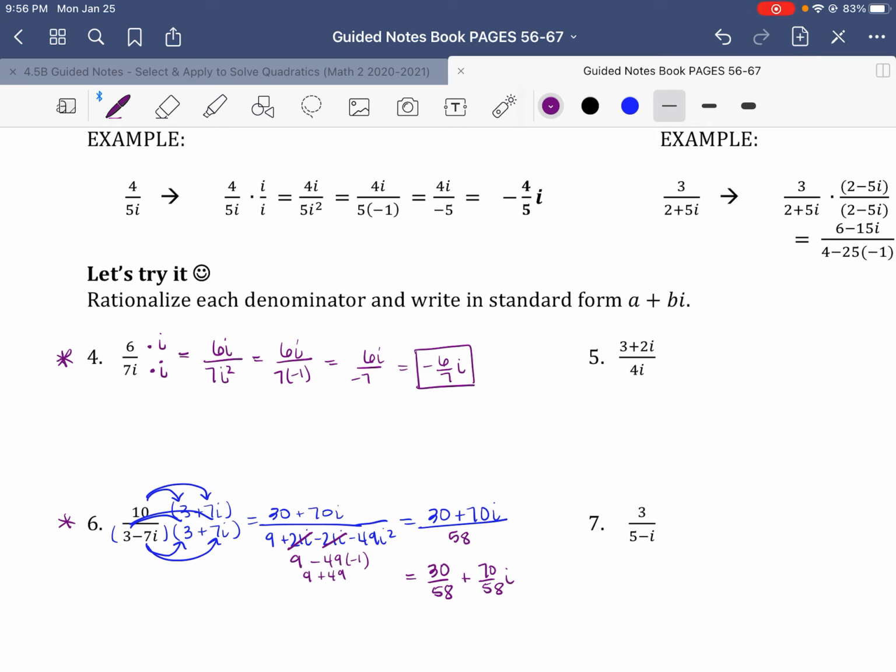So we can go ahead and simplify each of the fractions to write it in its most simplified form. So if we cut each of those in half, we'd have 15 over 29 plus, and we'll do the same thing with this other fraction and split those in half and get 35 over 29i. Okay, this is its simplest standard form.